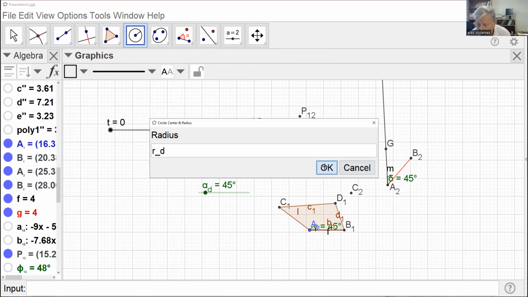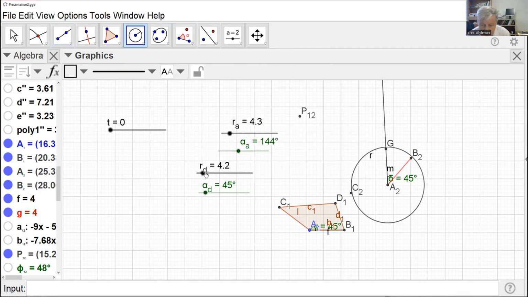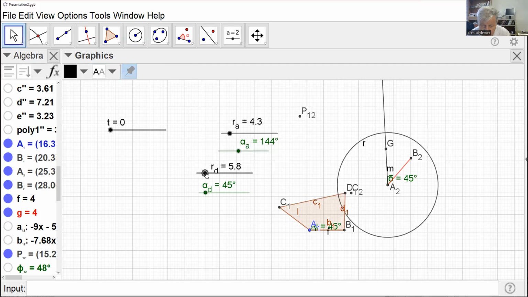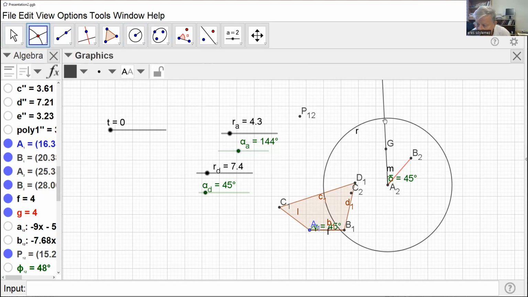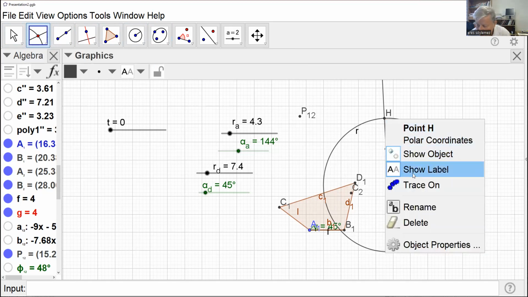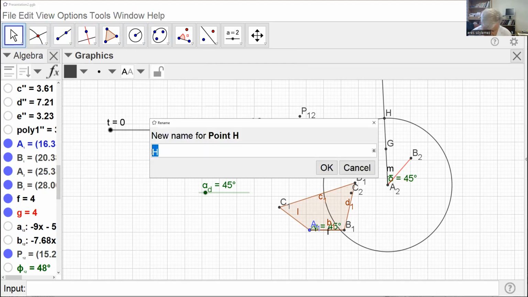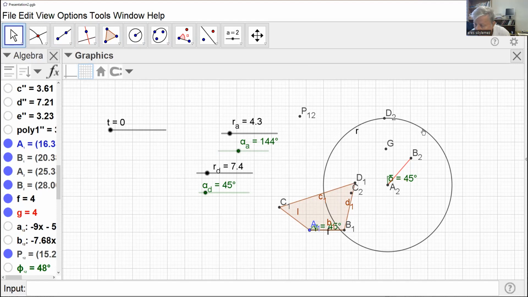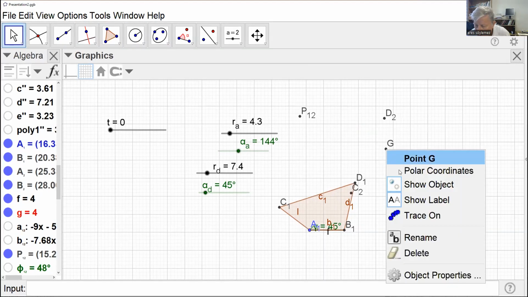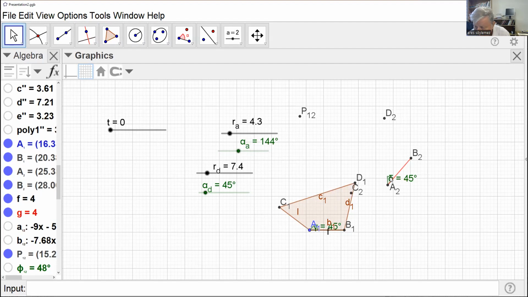R dash D. That is your point D at position 2. Now, let me see.